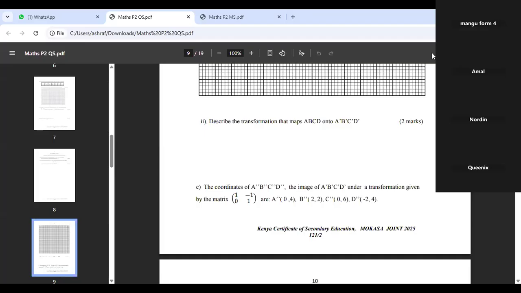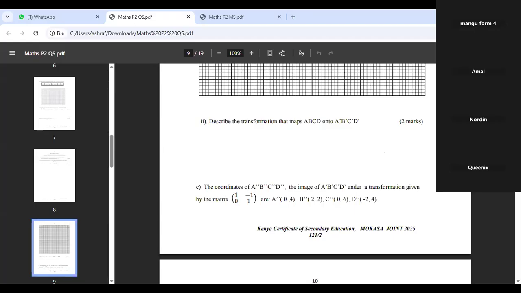For example, if the invariant line is the x-axis, the point will either move to the left or to the right, parallel to the invariant line. Then for a stretch, a point that is not on the invariant line moves perpendicular to the invariant line. So it will either move upwards or downwards if the invariant line is the x-axis. Are you together? Okay.